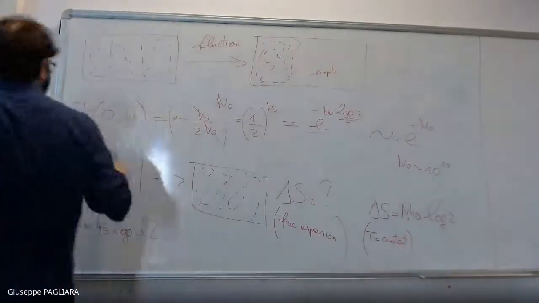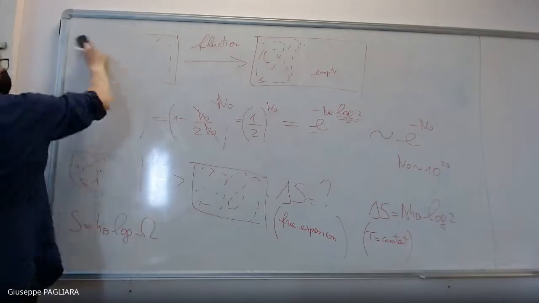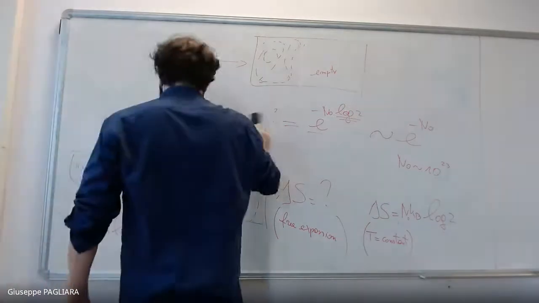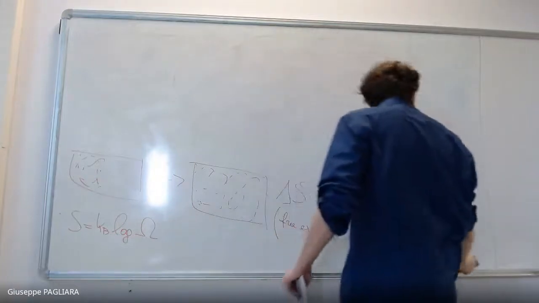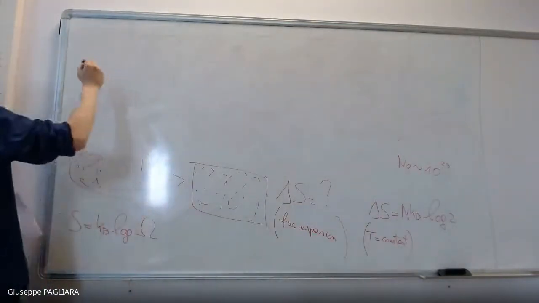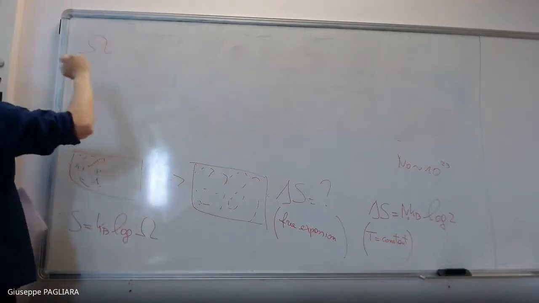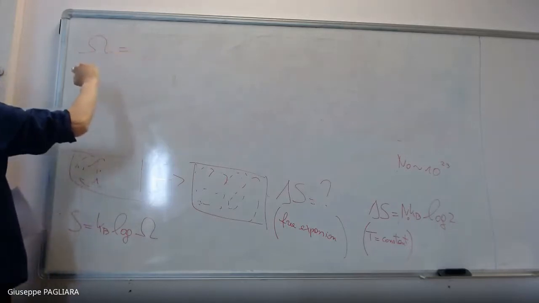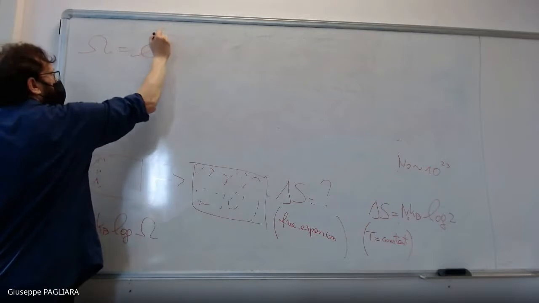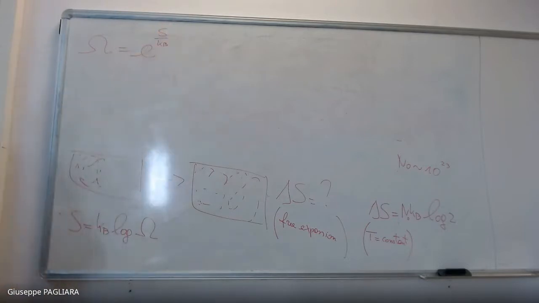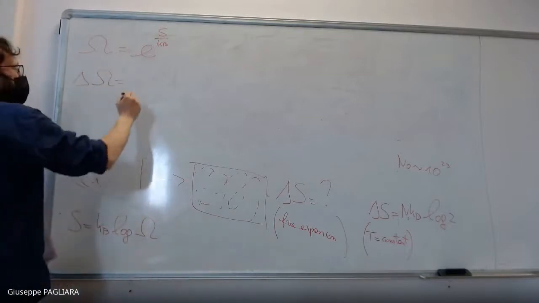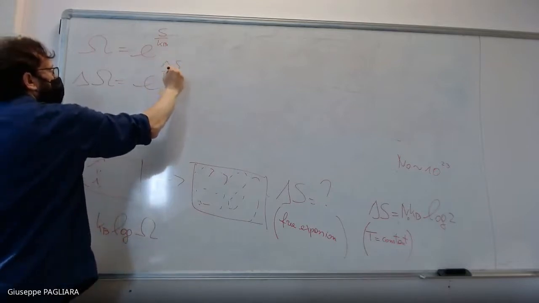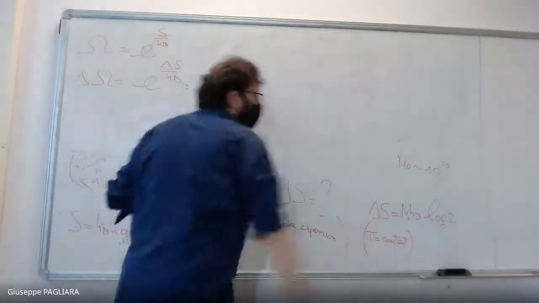So from here I find that omega is equal to exponential of S divided by kb, and therefore if I consider the variation of omega due to the free expansion, then this will be delta S divided by kb, and delta S is n0 kb log of 2.